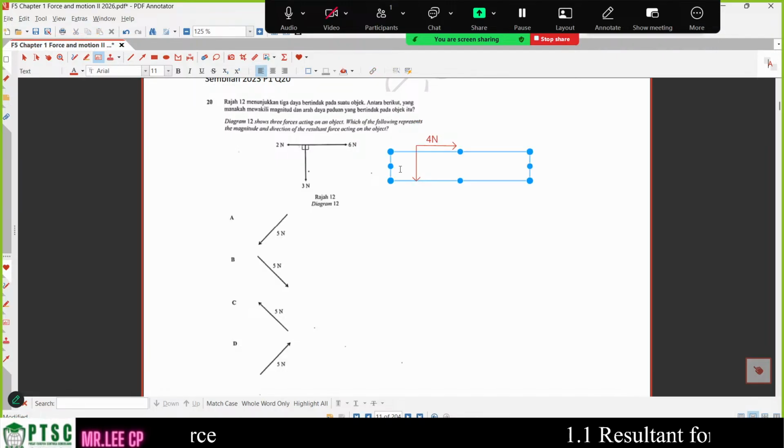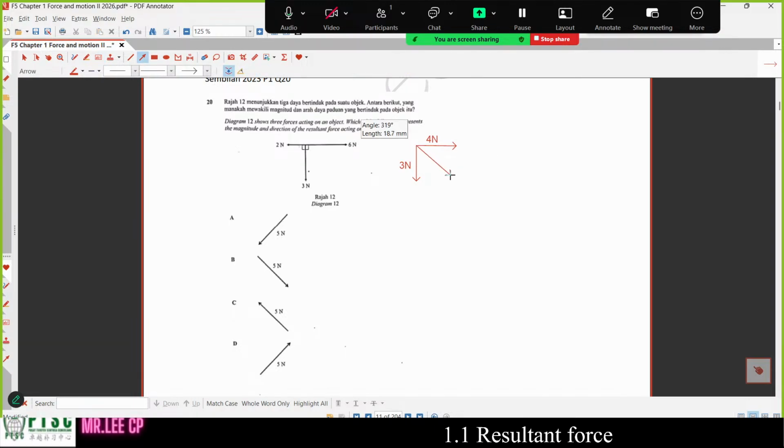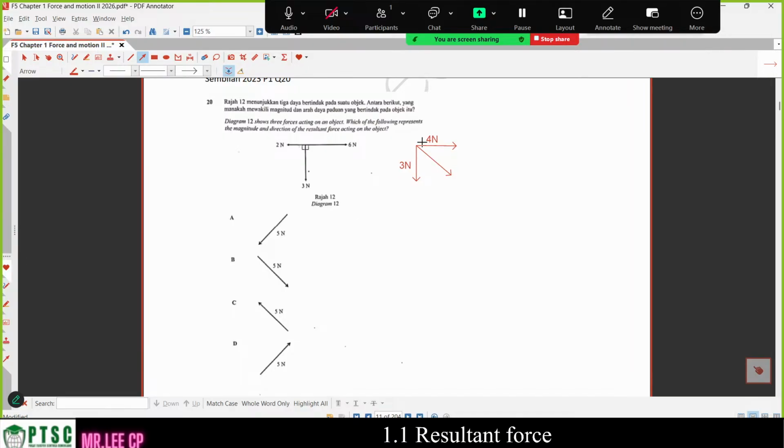This one is 3. So what is the resultant force? Here and here, Pythagoras says it's going to be 5. Going down, going to the right. Answer is B.